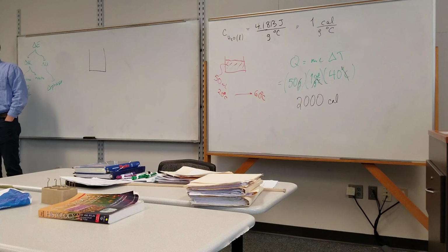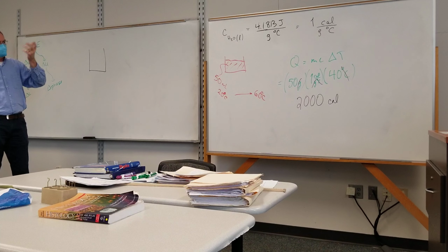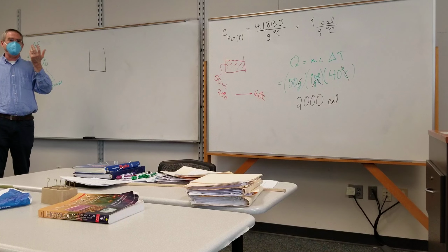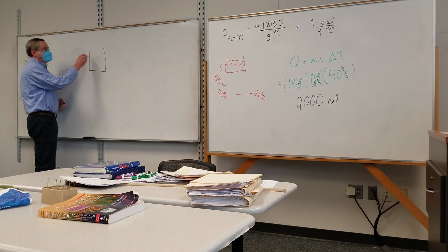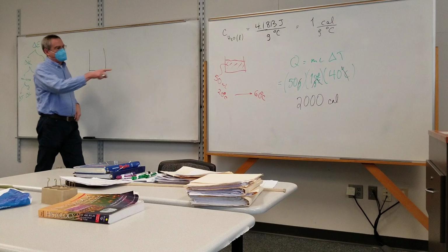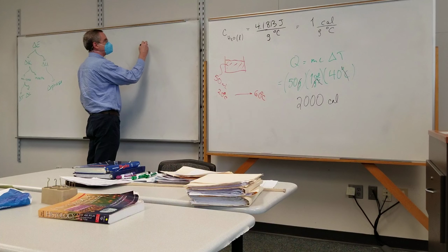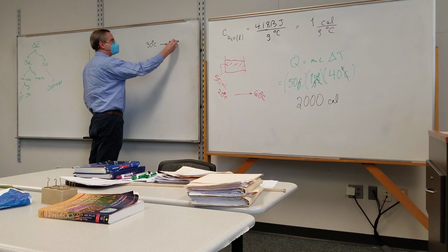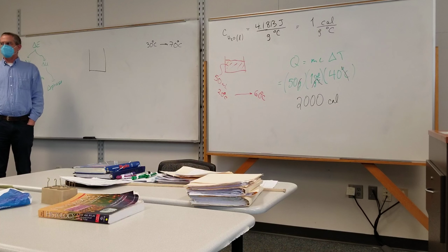Although you should be able to recognize it's 1 in some unit system, but then again, the answer to everything is 1 if you pick the right units. Actually, before I draw that picture, instead of doing 20 to 60 degrees Celsius, suppose it starts out at 30 degrees Celsius and I want to take it to 70 degrees Celsius. How much energy is required now? Is it still 50 milliliters?